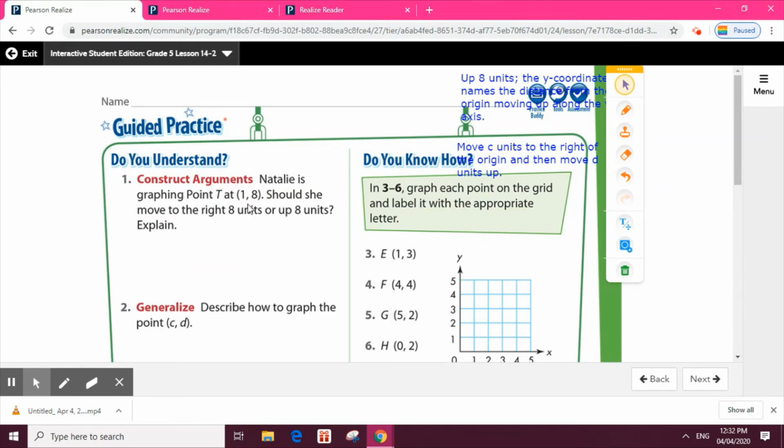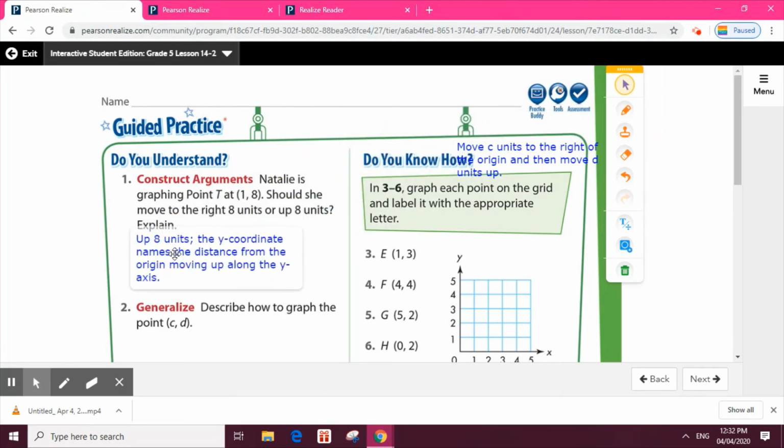So again, from x coordinate 1 and y coordinate 8, we need to move x coordinate to the right, and 8, we need to move it from the origin along the y-axis. So the answer is up 8 units. The y-coordinate names the distance from the origin moving up along the y-axis.